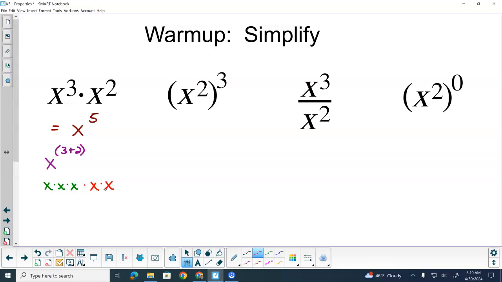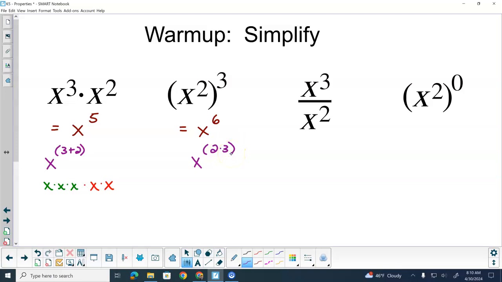Alright, love it. What did you get for the second one? X to the 6th power. Yep, exactly. X to the 6th power for that one. That property would be, because it's a layer, we've got powers to powers, that property we're going to multiply those 2 together.